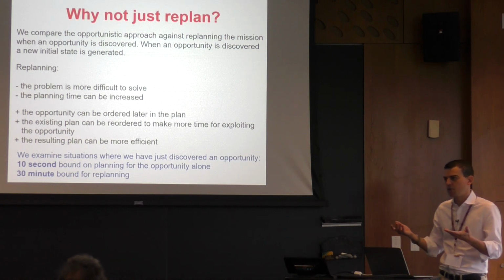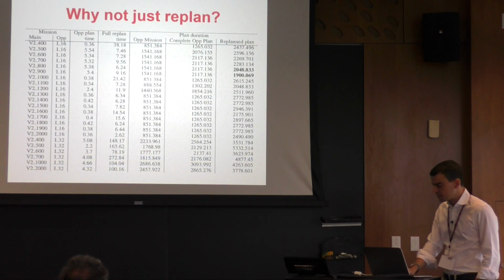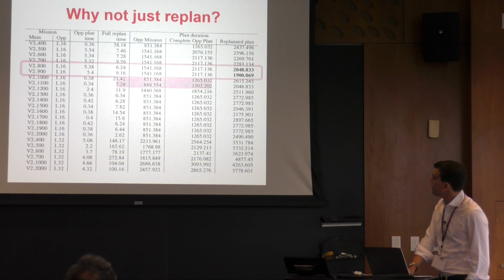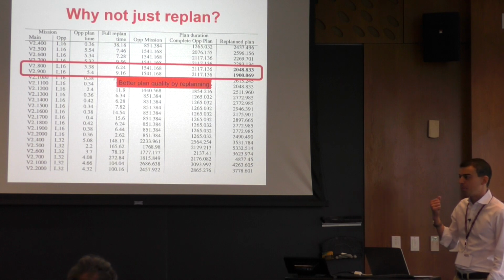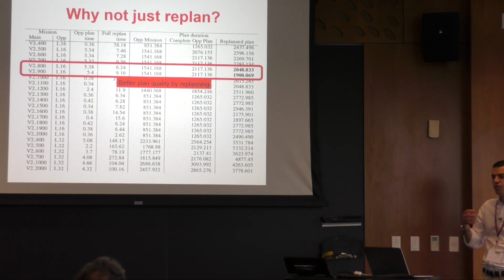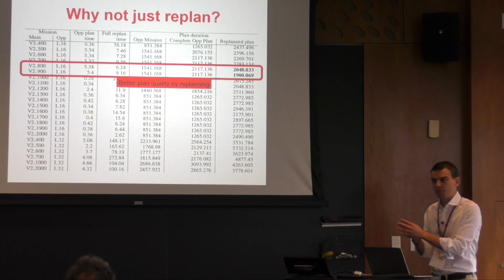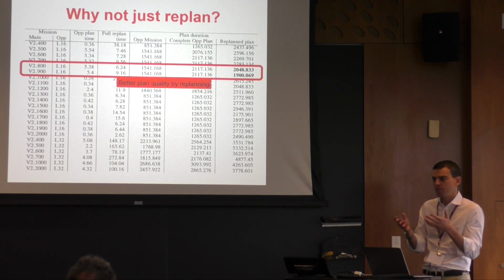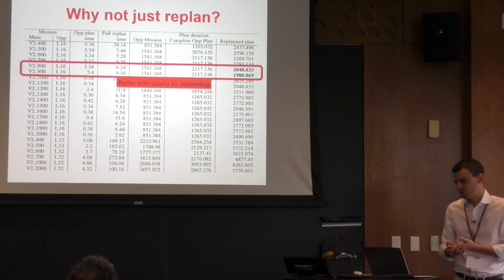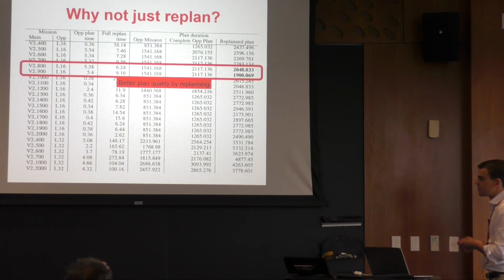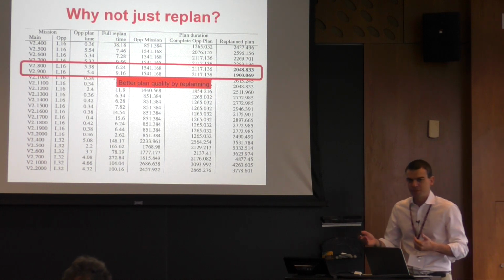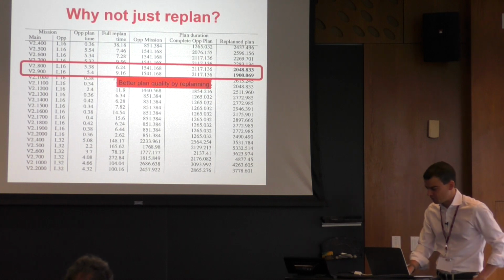However, for testing, we gave it a lot of time, and interestingly enough, we discovered that only in 2 cases, by complete replanning, are you able to find a better plan than only planning for the opportunity. And this is very interesting, because it means that in practice, in real execution of plans, exploiting the opportunities is really a good way to go.